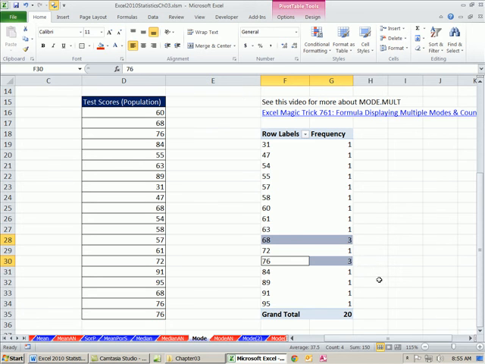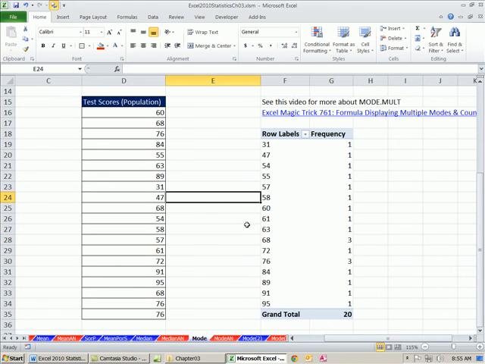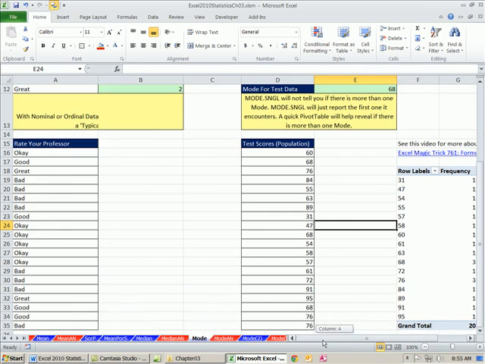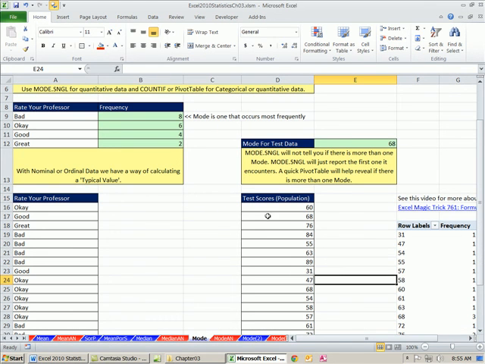This is called bimodal. If we had lots of numbers listed with a 3, and that was the one that occurred the most frequently, it would be called multiple modes. All right, so in this video, we calculated 3 typical values. We calculated the mode. Mode is best suited for categorical data. However, it certainly can be used on quantitative data.